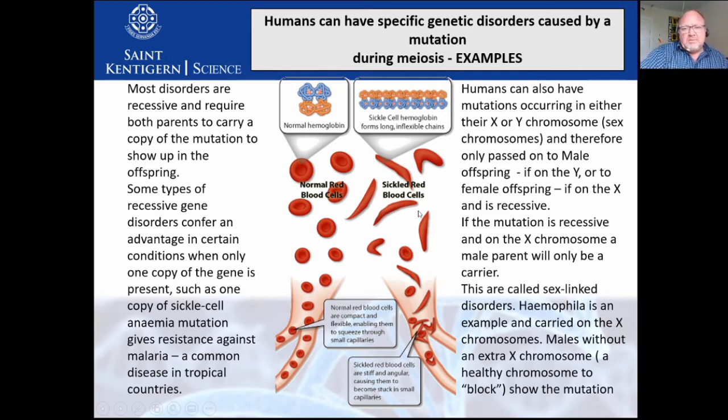And because they are more naturally resistant to malaria, they had more kids than the people who didn't have that resistance. And when you are more successful and you pass your DNA on, you will get more people with sickle cell anemia. So in Africa, sickle cell anemia is a lot more prevalent than in other parts of the world where you do not have malaria. And again, it gives them a survival advantage. That is natural selection at its best.